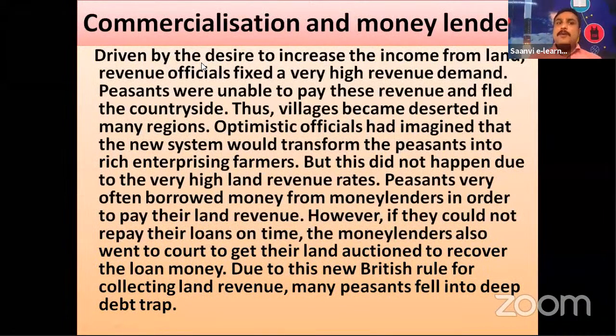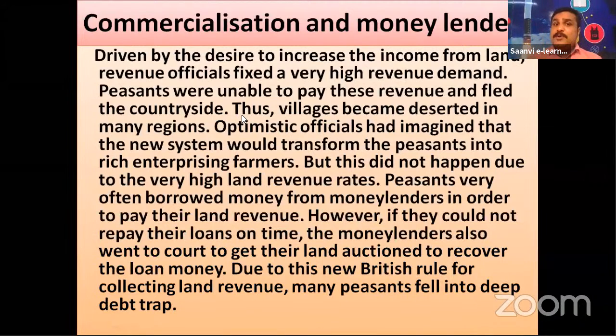And next is commercialization and money lenders. Commercialization. Attitude changing to entirely commercial. The maximum aim is to get profit. Driven by the desire to increase the income from the land, revenue officials fixed a very high revenue demand.